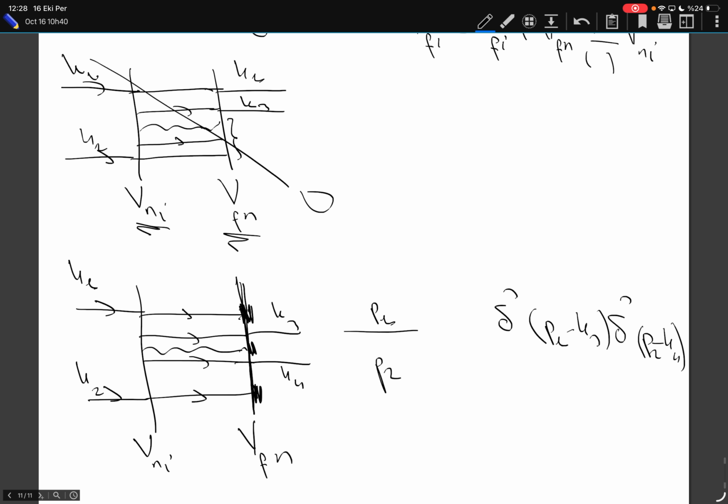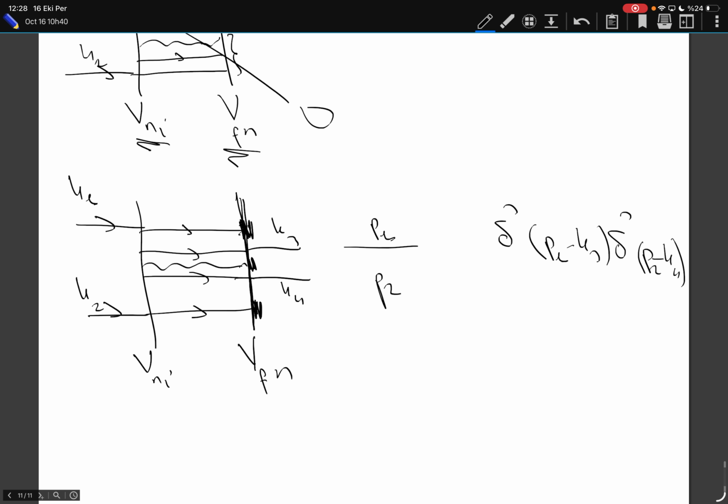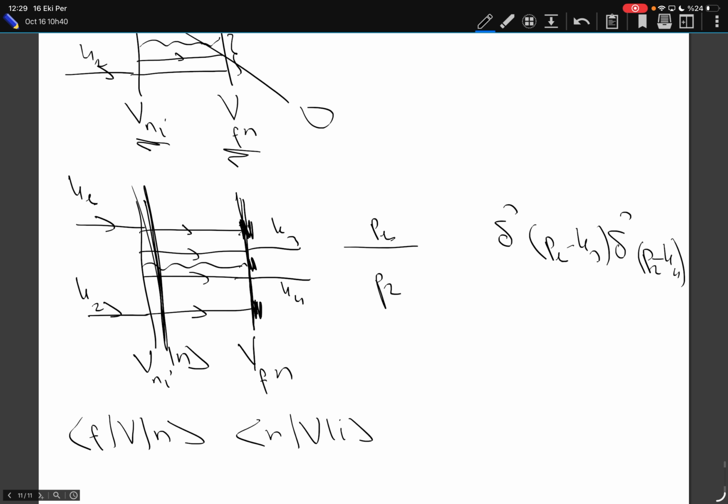Why not the combination though? Why not the combination? P1 minus... But you see, the state you have at this point, remember, we are looking at V and I, V, N, V, F. What you see here is our N. What you see here is V n.